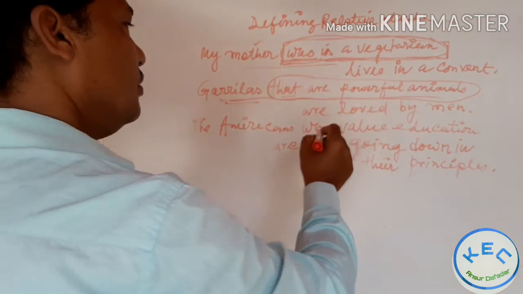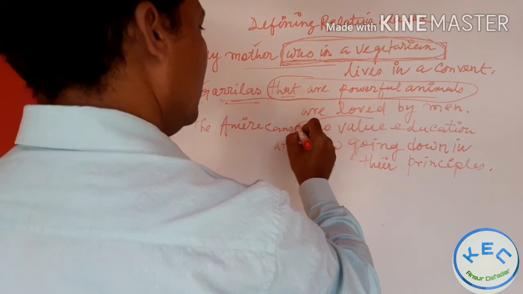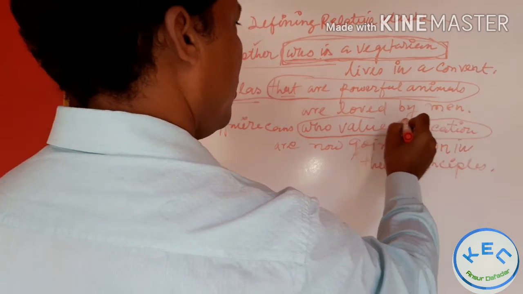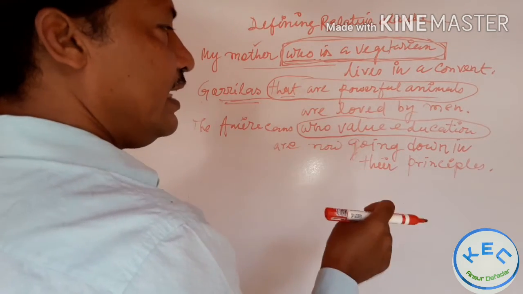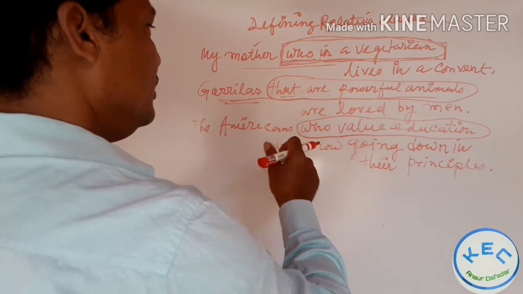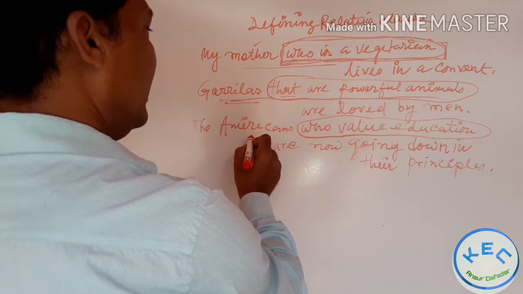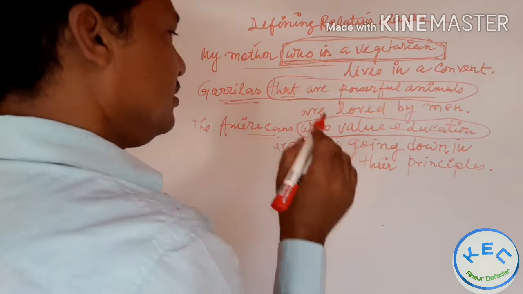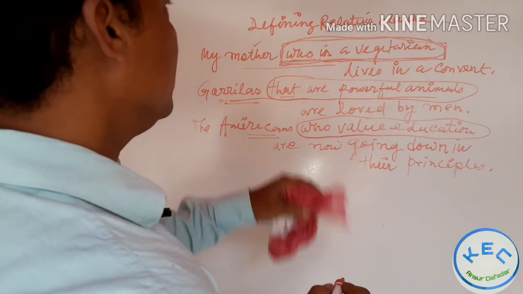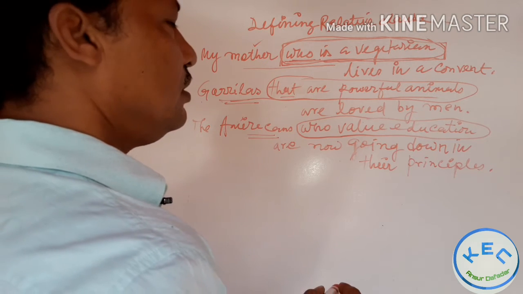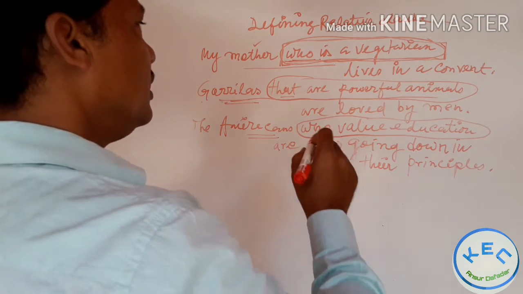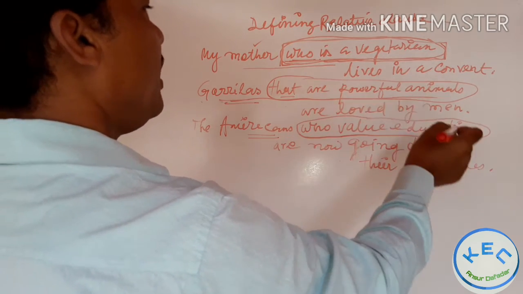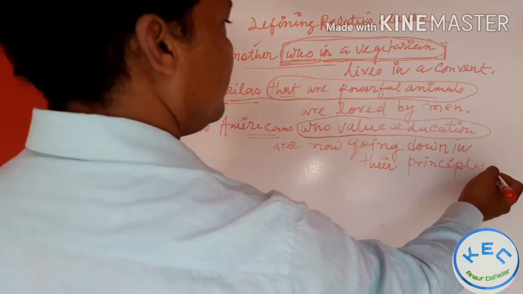Here we find this relative clause, and it gives just the characteristics feature of the Americans. So all these are examples of defining relative clause, and in all these relative clauses we find there is no punctuation mark other than this full stop.